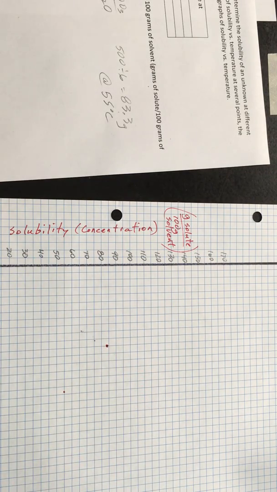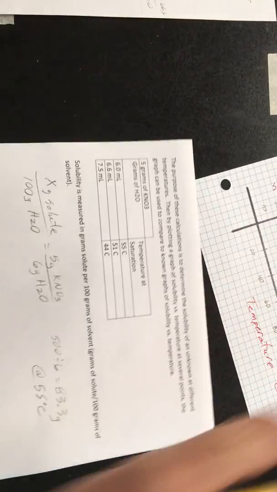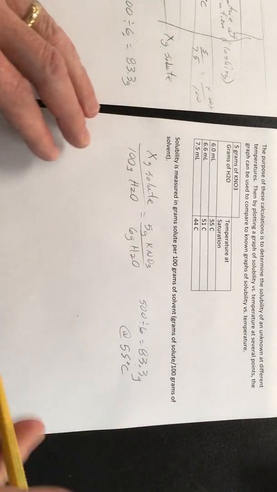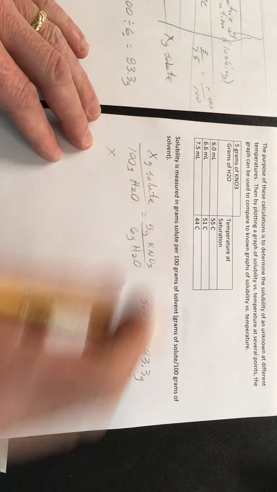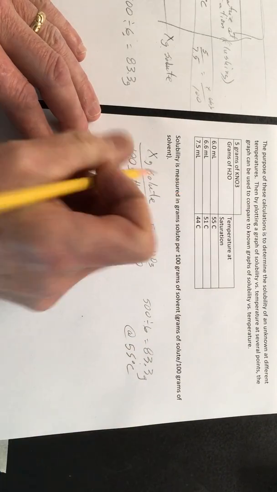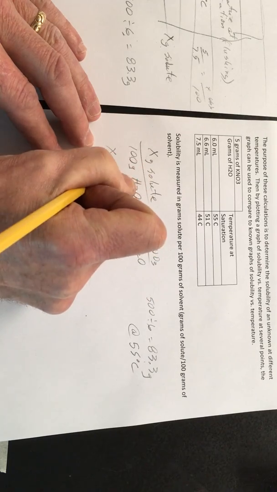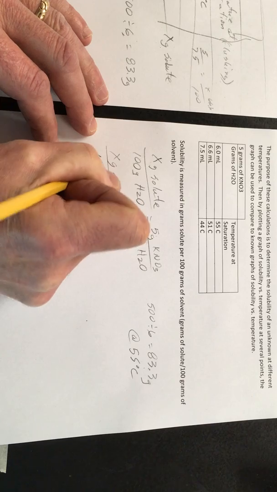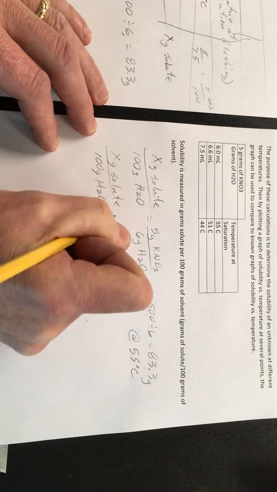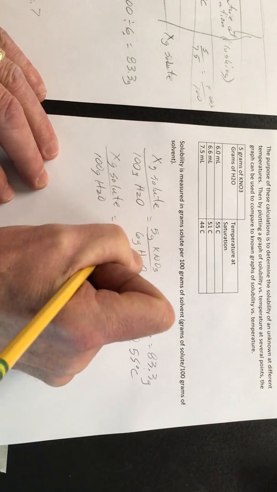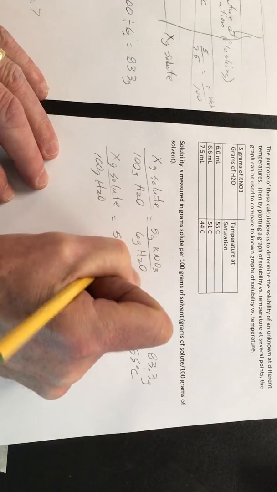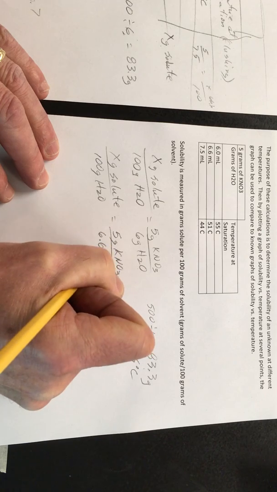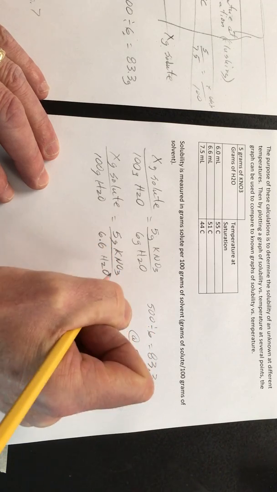Okay, and then the next calculation is X grams, how much solute will dissolve in 100 grams of H2O. In this case, we had, again, 5 grams of KNO3 in, this time, 6.6 grams of H2O.